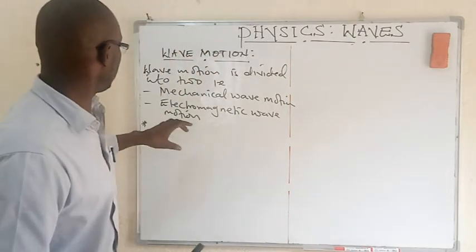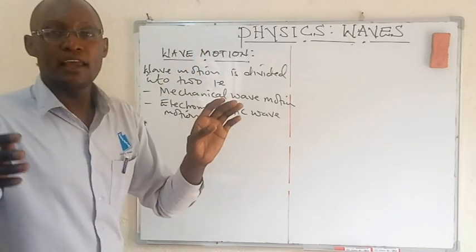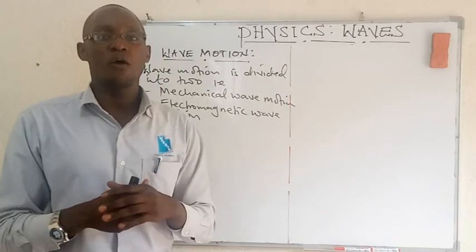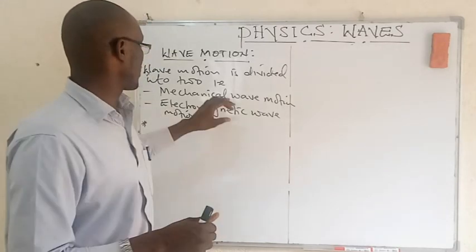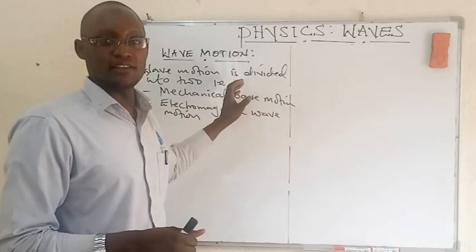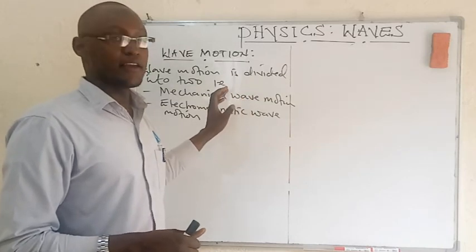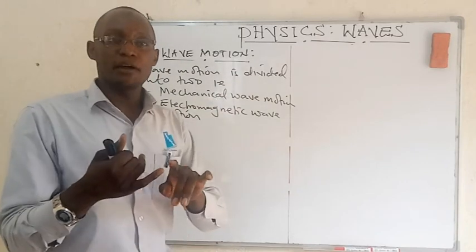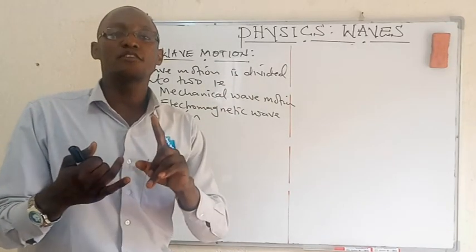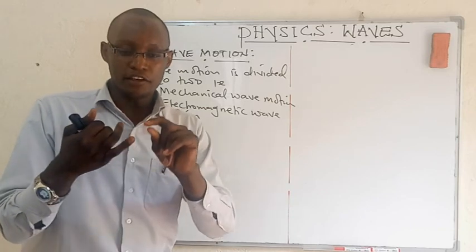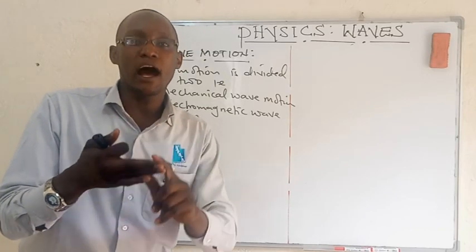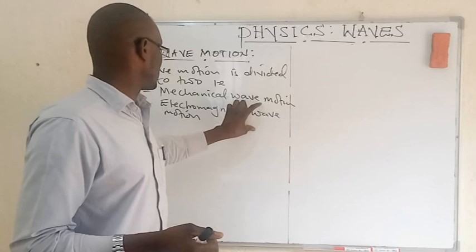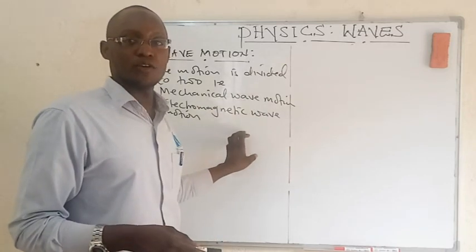This mechanical wave motion is categorized into the transverse and the longitudinal waves. In other words, progressive waves fall under this mostly. A major thing to note in mechanical wave motion is that a material medium is required. A state of matter is needed, either a solid, a liquid, or a gas, which is totally different from the electromagnetic wave motion.